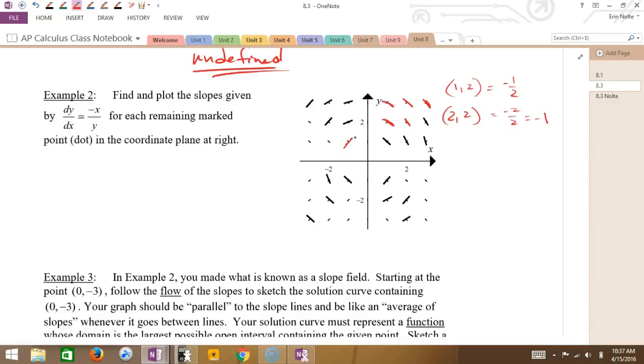Is it always true to that though? Not always, because you could have a differential equation like negative x plus 5 over y, where it's totally different. But in this case, yes. So this one would kind of be like that. This one would be a little steeper.